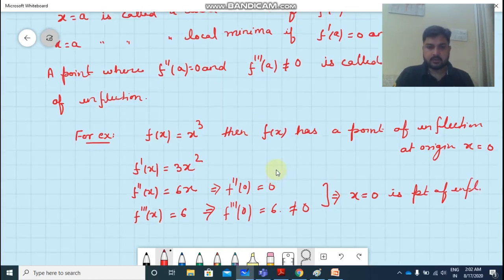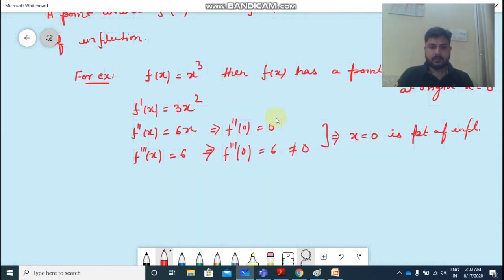Okay guys, in this way we can find the extrema, that is maxima and minima, in case of function of single variable.